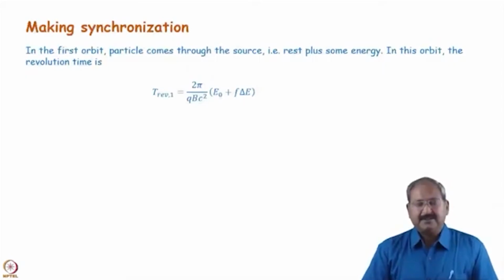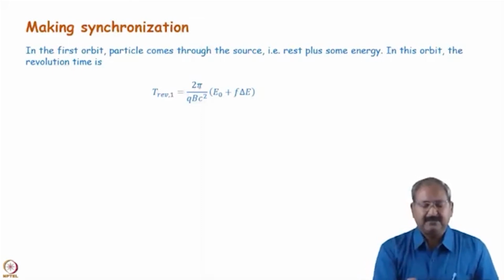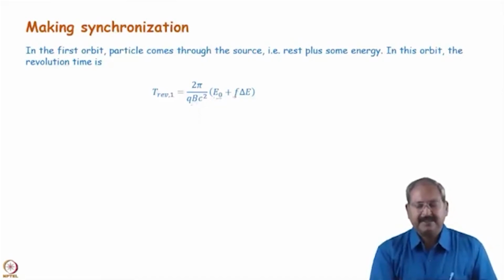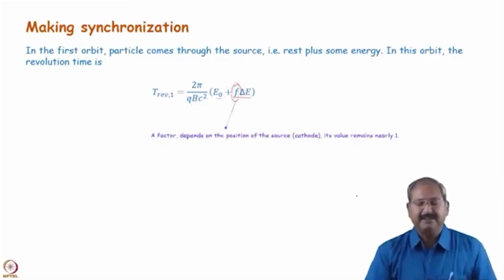So in the first orbit, what will be the T revolution? Here in the first orbit, T revolution will be 2 pi upon q B c square into E0, where E0 is the rest energy, plus some energy. Delta E is the energy gain when the particle passes through the RF cavity, and there is some fraction F. What does it mean?